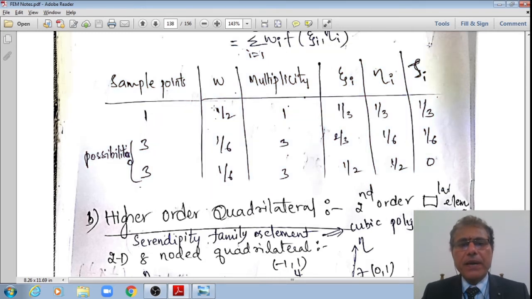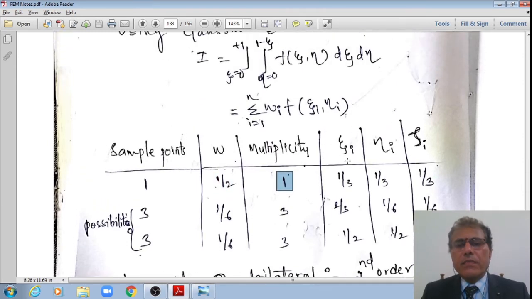Therefore, if I take one sample point, then weightage is equal to half, multiplicity is equal to 1 in the above equation. Well, xi i is equal to 1 by 3, eta i is equal to 1 by 3, zeta i is equal to 1 by 3.